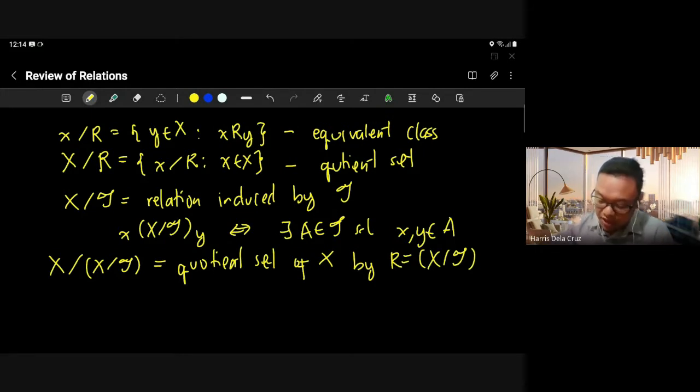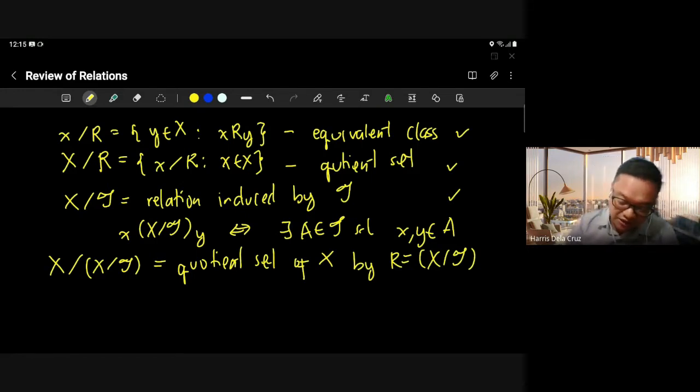So, ito ay set. Ang mga laman niyan, lahat ng are related to each other. Ito ay set na ang laman, mga equivalence classes. Ito ay induced relation. So, ang laman nito, ordered pairs. Pero yung mga ordered pairs are the elements that belong to the same set in the partition.